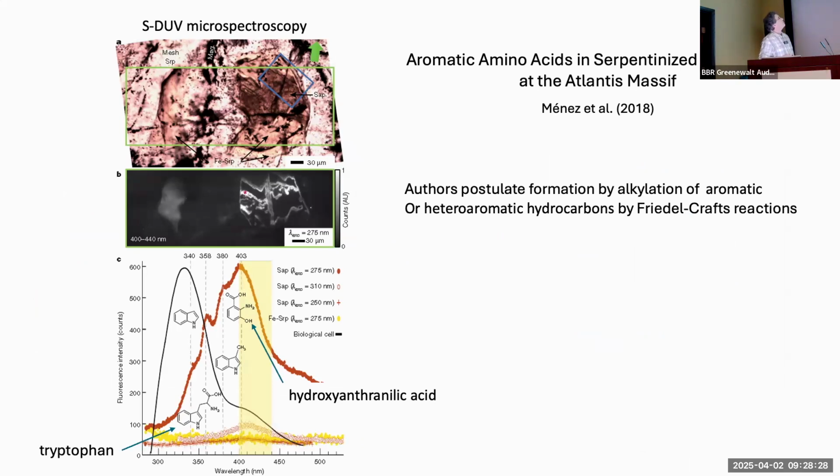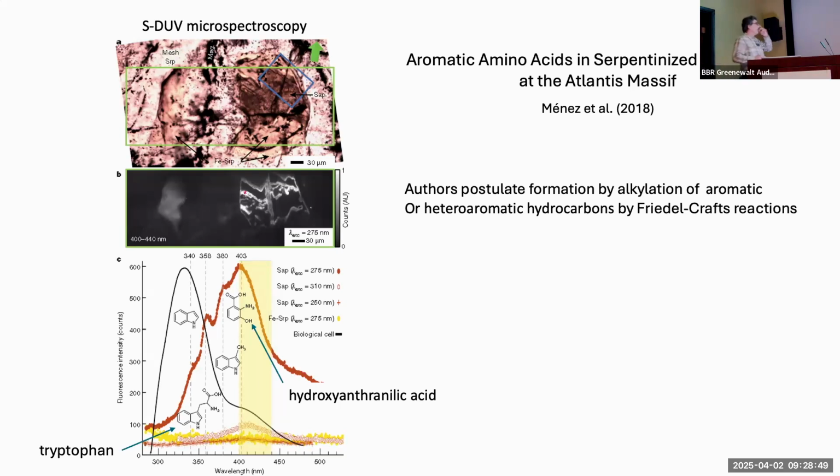I actually don't know what that is, but I think it's a synchrotron technique. But anyway, the point of this, the reason I put it in is that they documented the occurrence of amino acids associated with iron saponites, clay minerals that formed in these rocks during hydrothermal alteration.